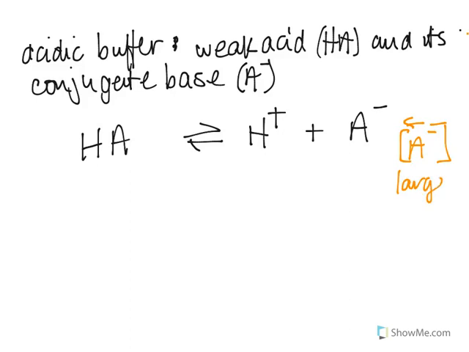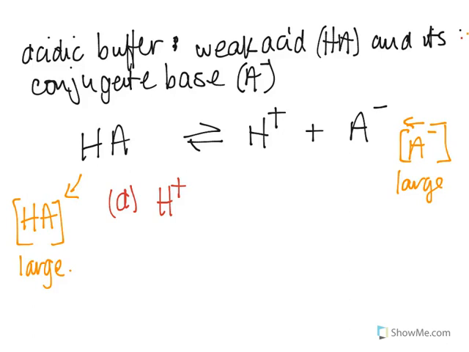So this is large. And of course, because the acid is hardly dissociated, only a small amount is dissociated, this is also relatively large. So effectively this sets up a system.